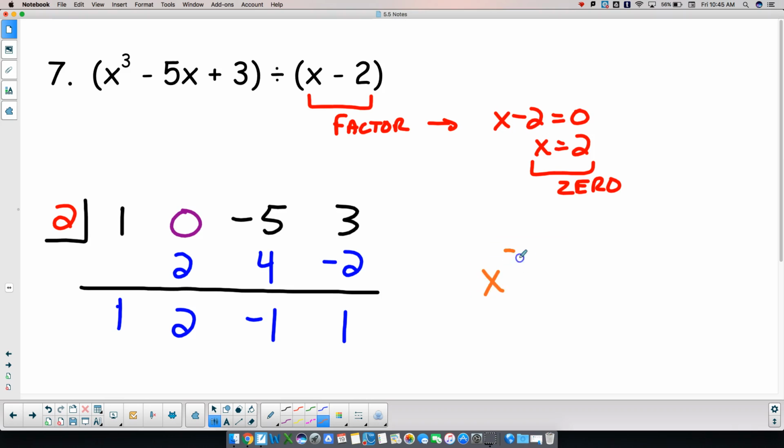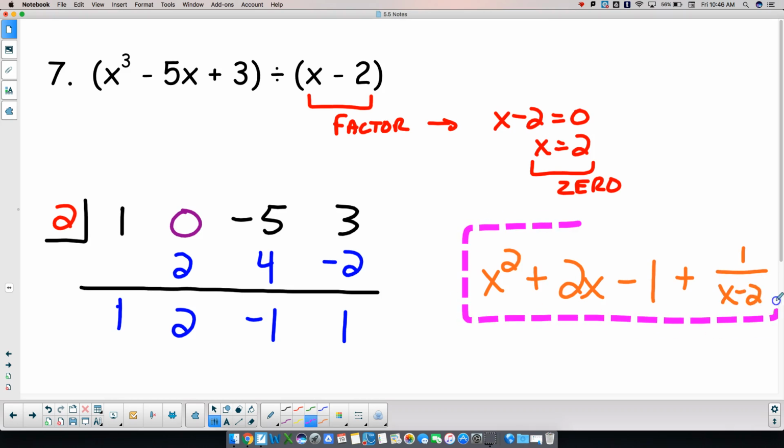This is x squared plus 2x minus 1 plus 1 over x minus 2. Okay?